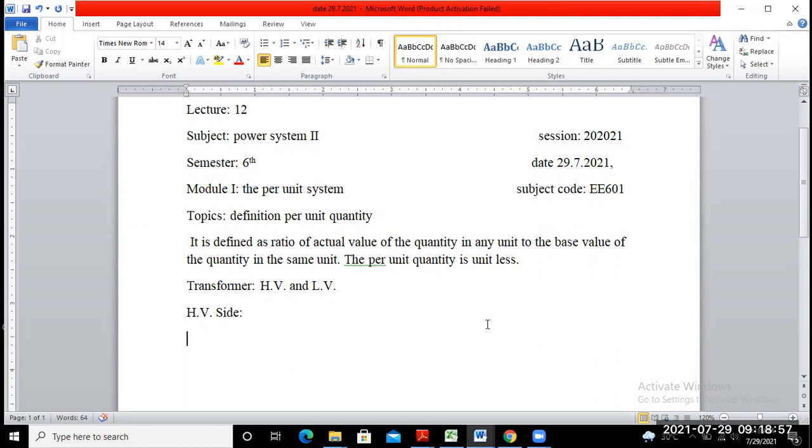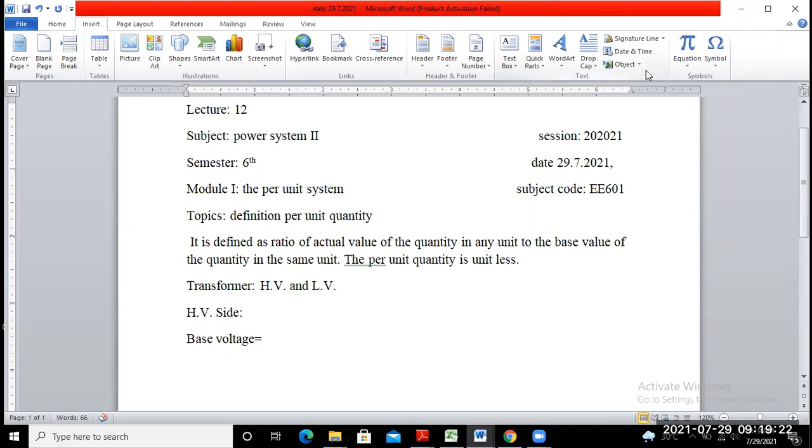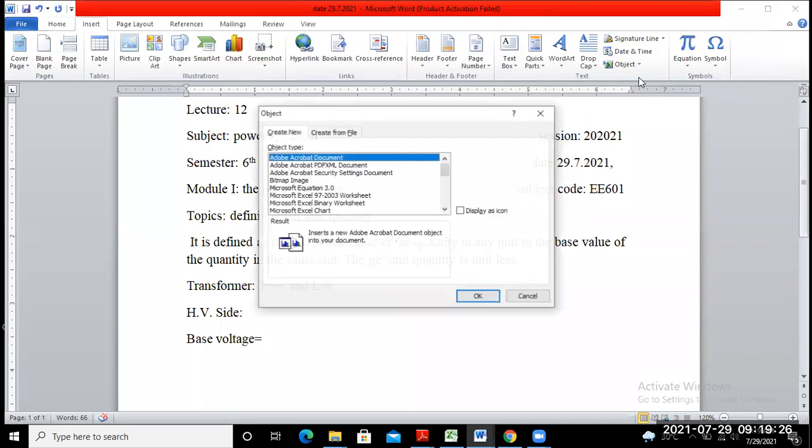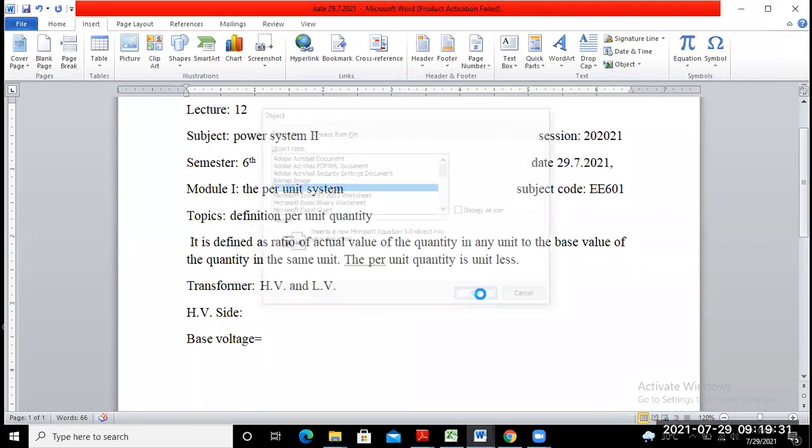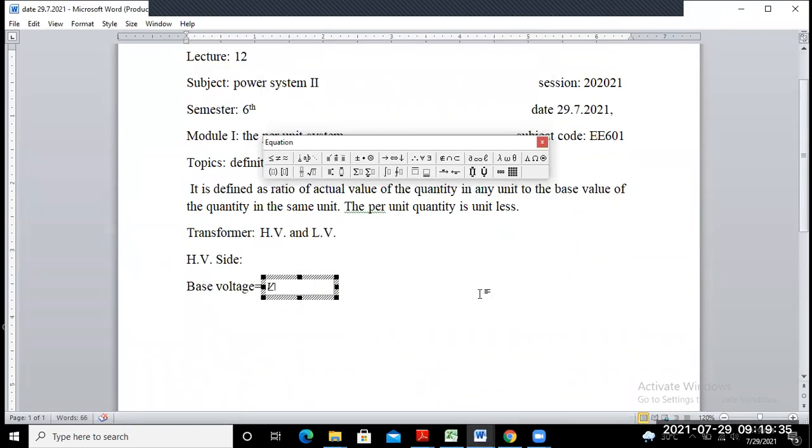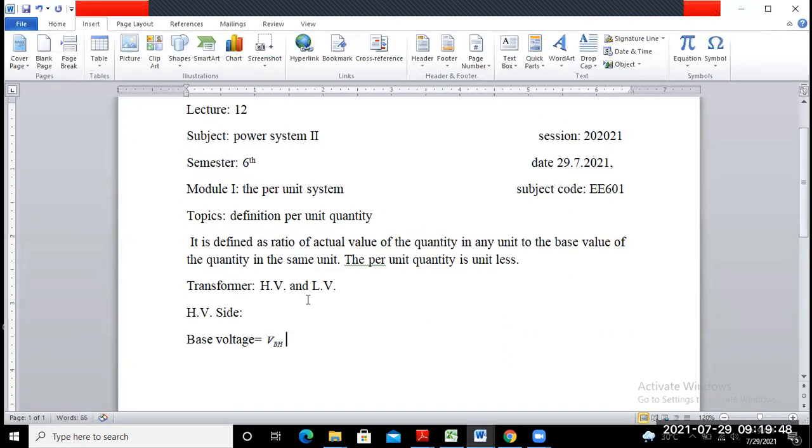The base voltage is represented by V suffix BH, where B represents base and H represents the high voltage side.